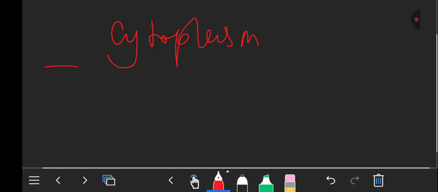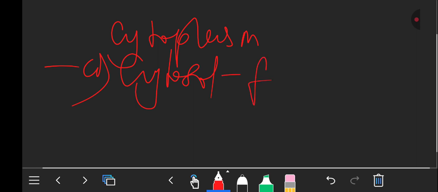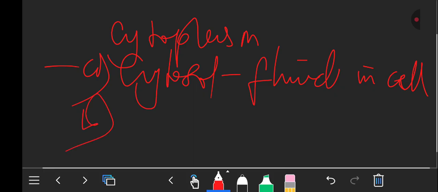The things which make up the cytoplasm, we have what is known as the cytosol. When you're talking about the cytosol, you're just referring to the fluid in the cell.